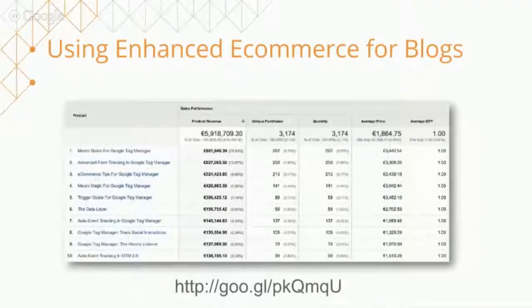But basically what that meant was when you looked at the product performance report, you could see the names of the articles, and the dollars or euros, he's European, were actual words in the blog post. You could see how the number of words in the blog post fared against the popularity, like the page views and reaching the end of the article.